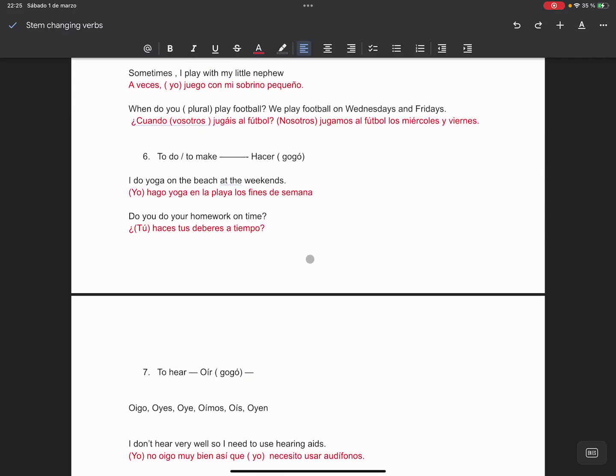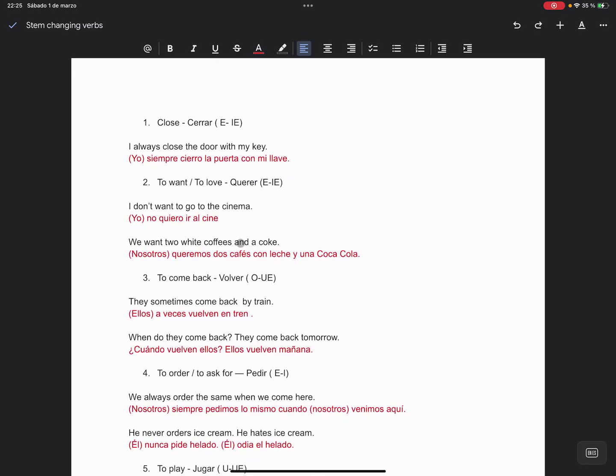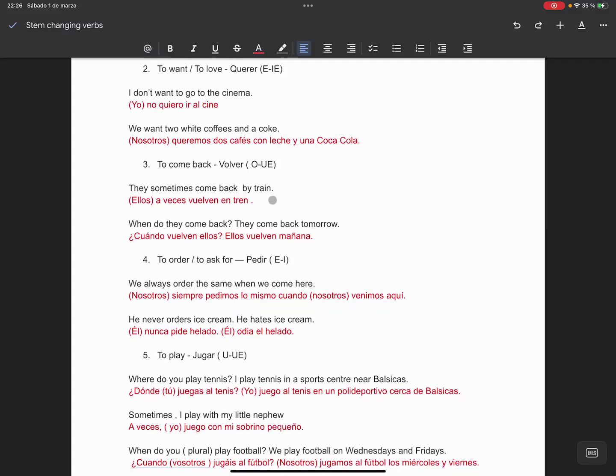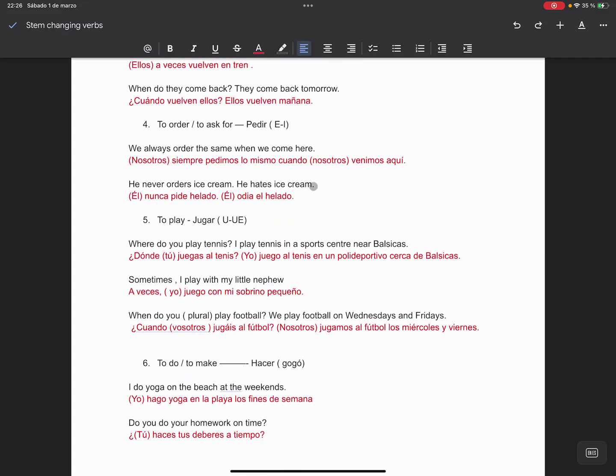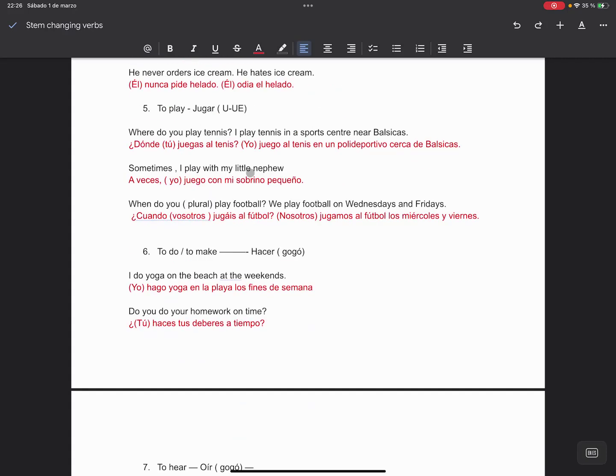So, I think we've covered most of the verbs. We've covered verbs where an E becomes an IE, like cerrar or querer. We've covered some verbs where the O becomes a UE, like volver. We've covered verbs where the E becomes an I, like pedir.